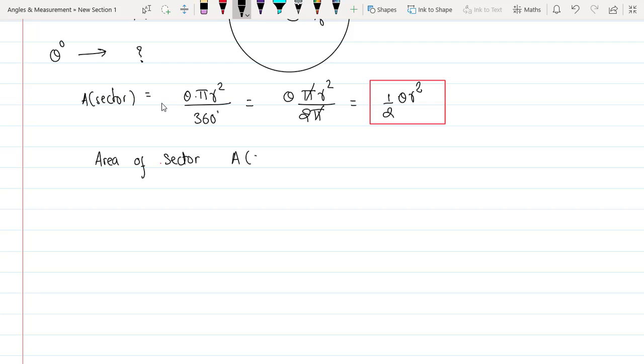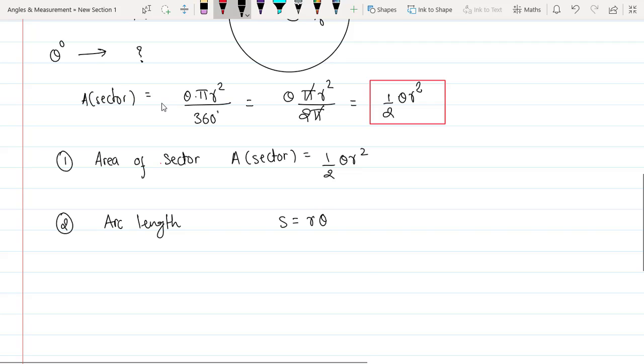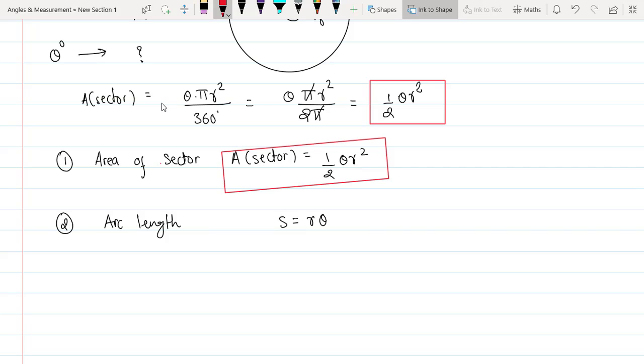Area of sector is equal to 1 by 2 theta r square, and the second one is arc length, denoted by s, and it is equal to r into theta. These are the two most important formulas as far as this second exercise, or this whole topic, angle and measurement, is concerned.